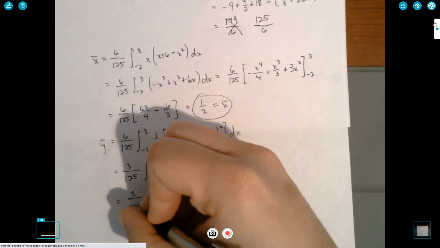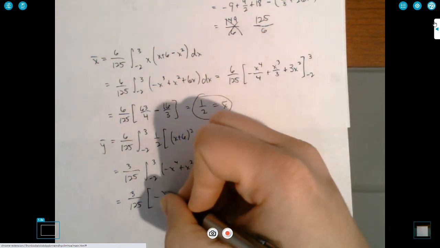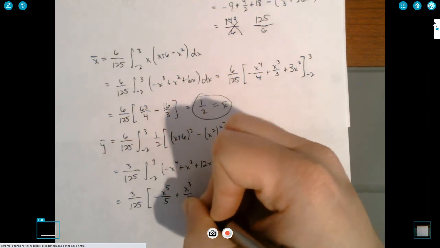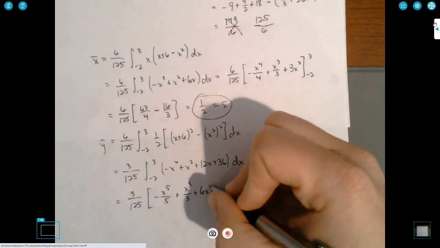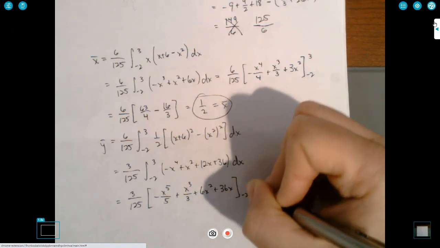So that's 3 over 125 times negative x to the 5th over 5 plus x cubed over 3 plus 12x squared over 2 would be 6x squared plus 36x evaluated from negative 2 to 3.